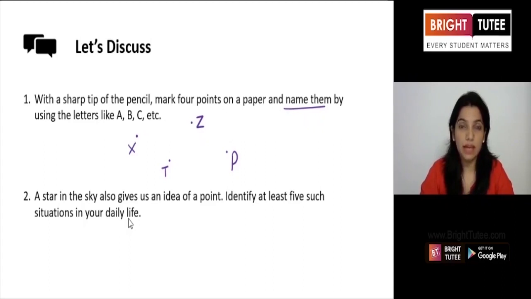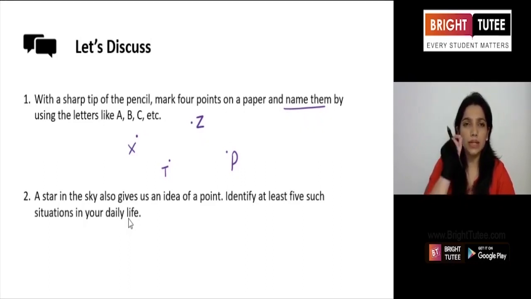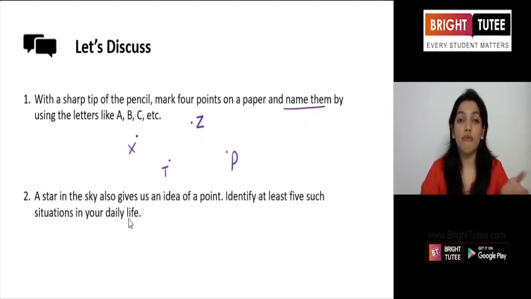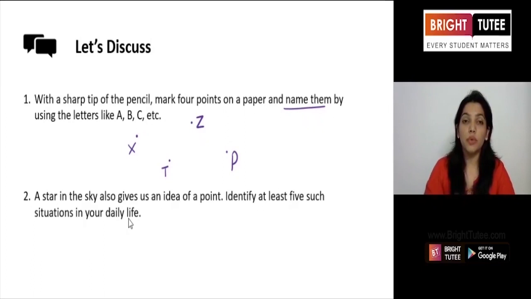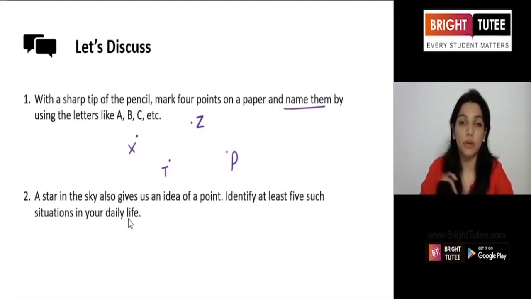Is that right? Now, let us think of another example. Say you were holding tiny grains in your hand, and somehow these tiny grains fall on the floor. When you are looking at these small grains on the floor, they will act as small points. So grains, when they fall on the floor, can act as an example of a point.